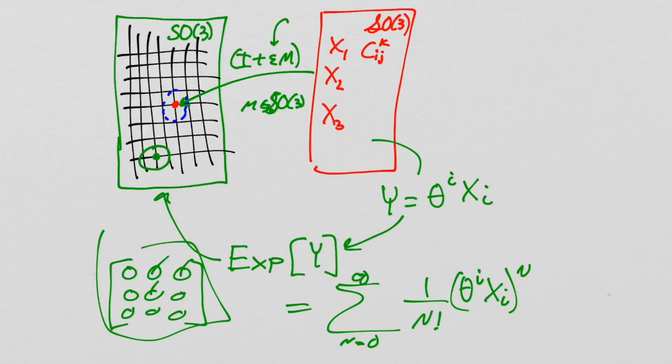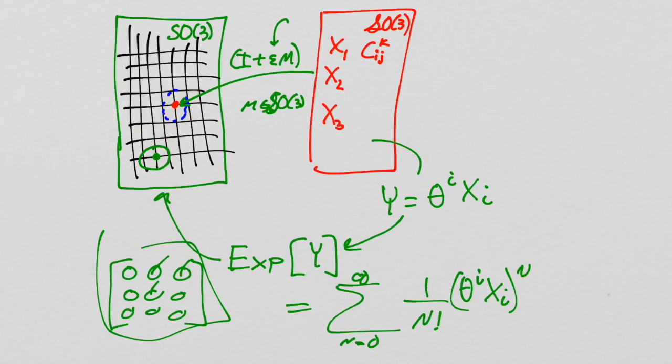But once I knew the algebra, I was able to exponentiate, using this exponentiation to get any element of SO3, even if it's a finite element, some arbitrary distance away from the origin. It's easy to get anything close to the origin. You just follow this prescription by adding an infinitesimal element of the algebra to the identity, and then you're right around the origin. But to get somewhere far away, you have to multiply these things over and over and over again to get there, and that's this exponential.